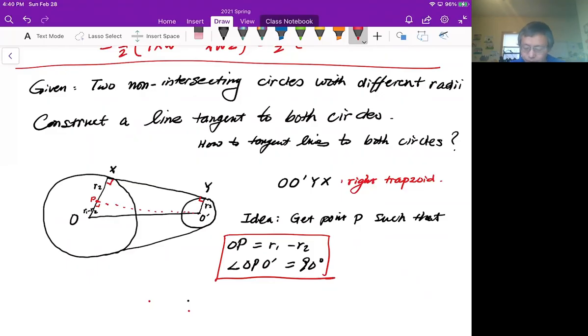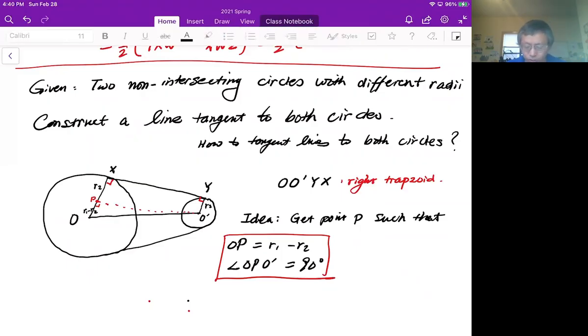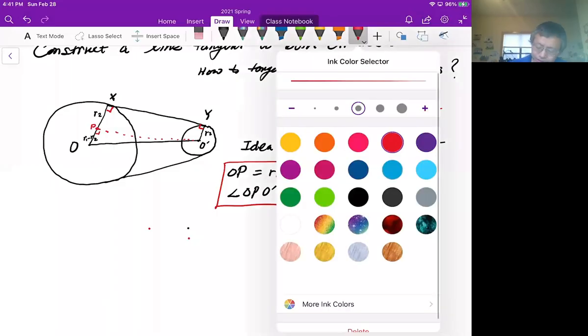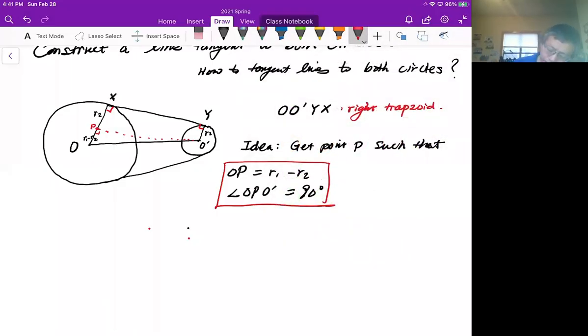So to do it, first of all, you are going to draw a circle with radius R1 minus R2.